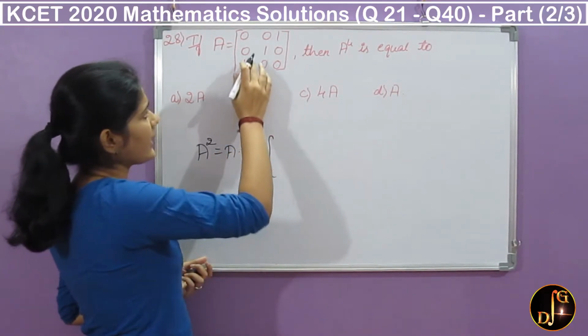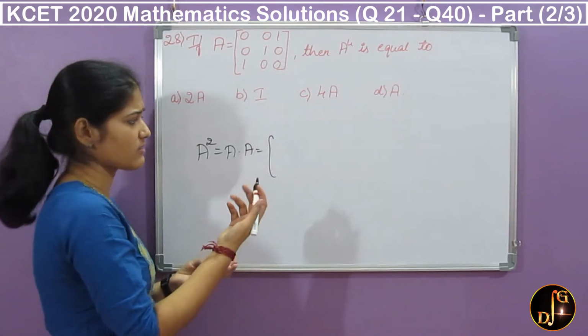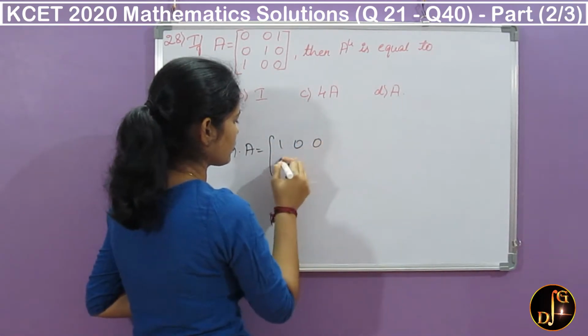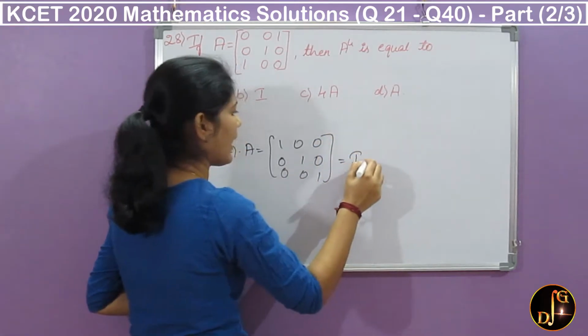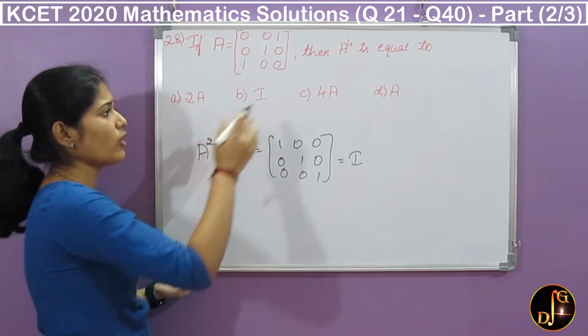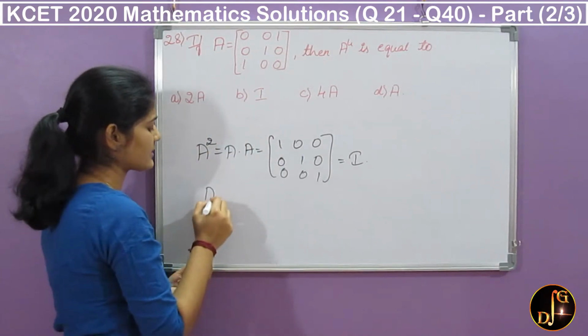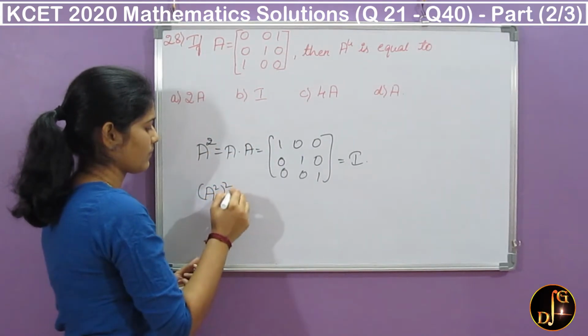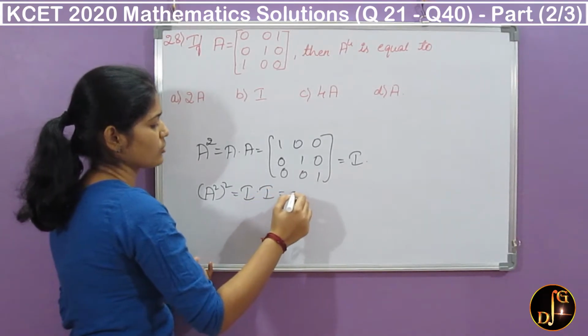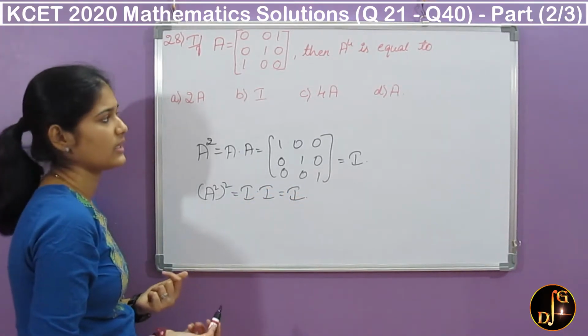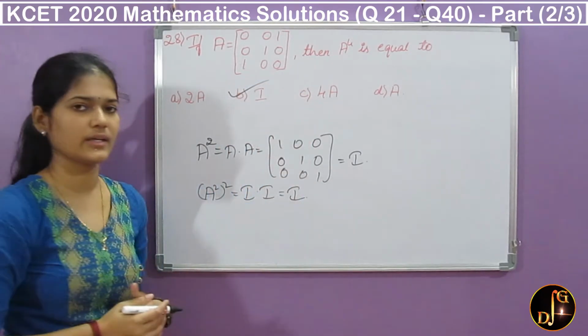If we find A square, then we will get [1, 0, 0; 0, 1, 0; 0, 0, 1]. That is nothing but identity matrix. We want A power 4. So let's square this. That is nothing but we will get I into I. So the identity matrix. The answer is option B, right?